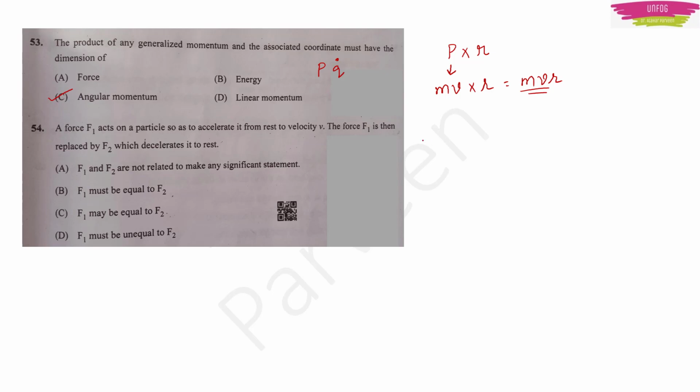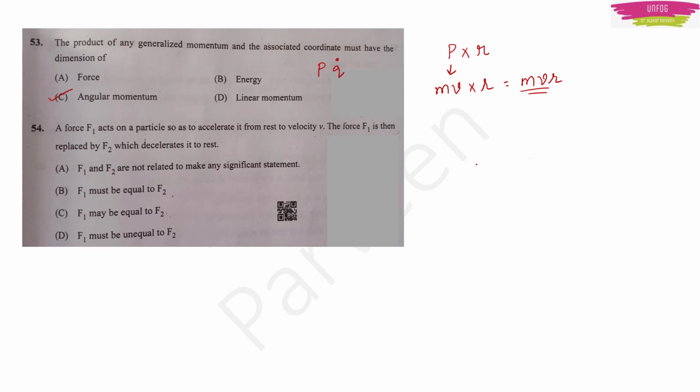Next question. A force F1 acts on a particle so as to accelerate it from rest to velocity v. The force F1 is then replaced by F2, which decelerates it to rest. Then 4 options are given: F1, F2 are equal, they may be equal, they must be equal, they must be unequal, or we cannot say anything with this information.